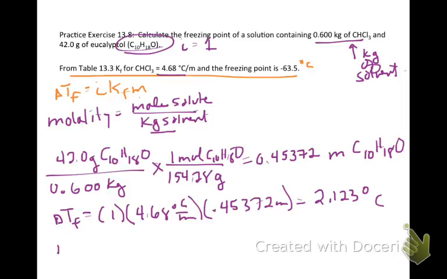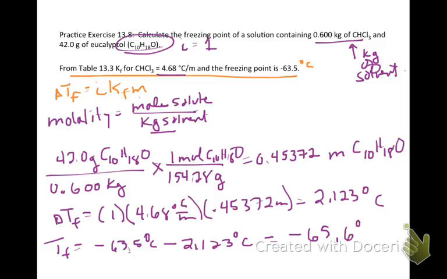I'm given the normal freezing point as negative 63.5 degrees Celsius. I'm going to subtract the 2.123 degrees Celsius because it is a freezing point depression, making that freezing point go even lower. And I get an answer of negative 65.6 degrees Celsius.